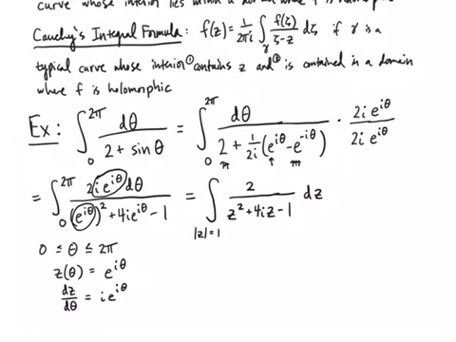Usually when we compute a complex line integral, we parameterize it and then we do the real integral, right? But here we started with sort of a real integral, but that's clearly not the way we're going to compute this, because we started with the natural parameterization, and we got an integral that we didn't immediately recognize how to do using the usual tricks. So what we're going to do is try to apply Cauchy's integral formula. Okay, so I want to take this integral here and realize it in the form up here.